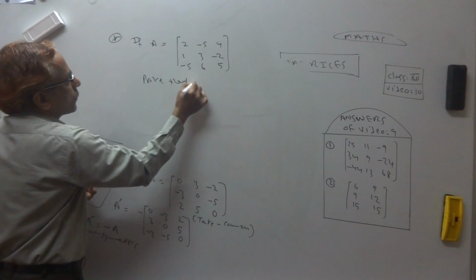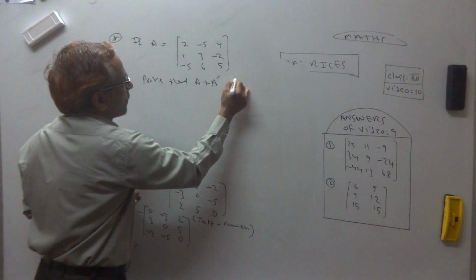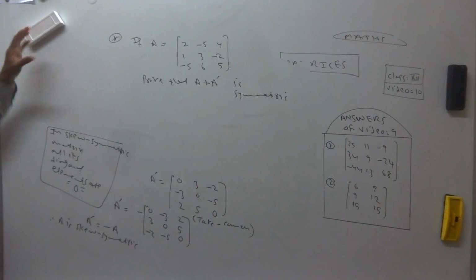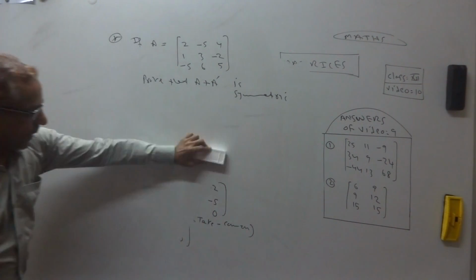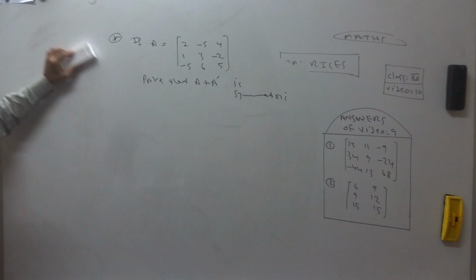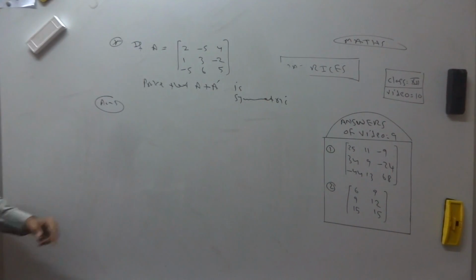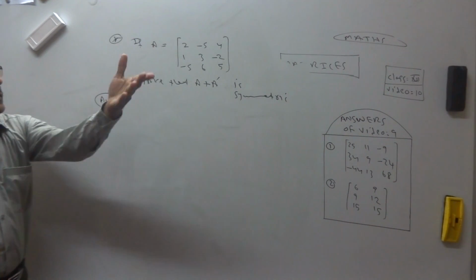We have this kind of questions, all these questions in the third exercise. I will take the last question, then we continue in the next video. See, what is the question? Prove that A plus A dash is symmetric.